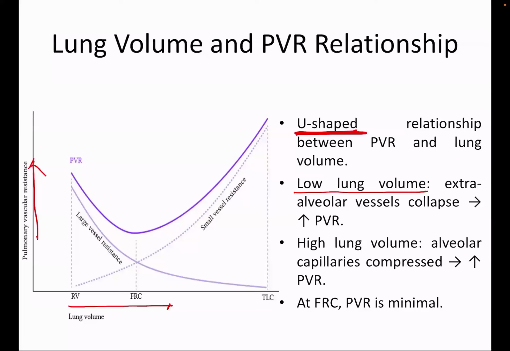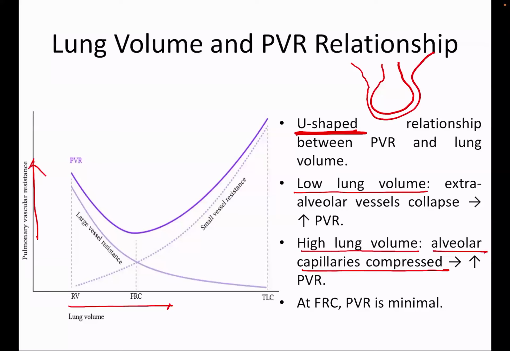What do you mean by extra-alveolar vessels? Extra-alveolar vessels are the vessels that surround the alveoli, ma'am. They are mostly the alveolar capillaries, which are compressed during high lung volume ventilation. If this is the alveolus, the blood vessel will come and form a capillary network like this.